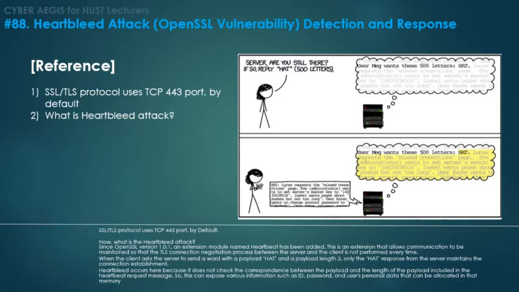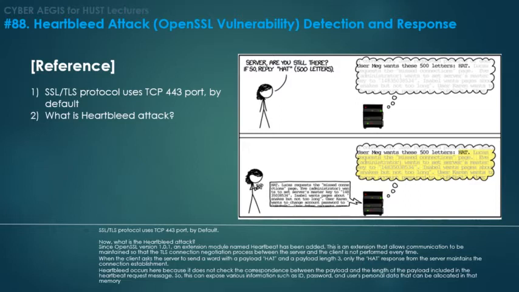This is an extension that allows communication to be maintained so that the TLS connection negotiation process between the server and the client is not performed every time. When the client asks the server to send a word with a payload head and a payload length of 3, only the head responds from the server, which maintains the connection establishment.